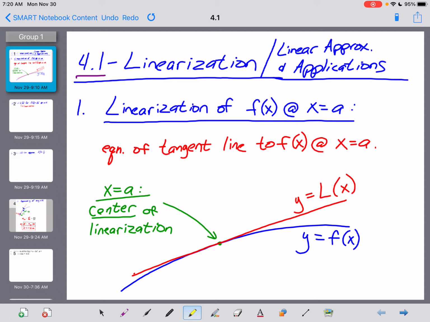So the word linearization sounds like a funny made-up thing right here, but if you broke it down, it's basically taking something that is not linear and trying to make it linear, or at least make it more like a linear function.